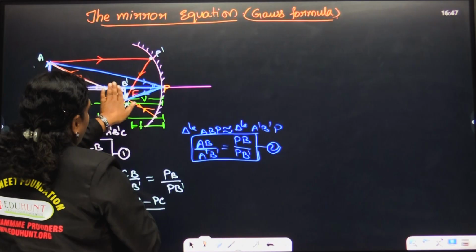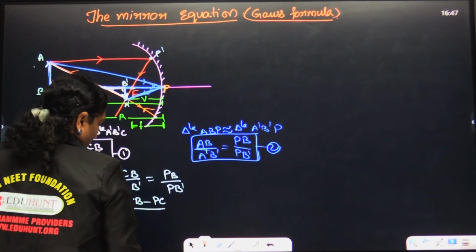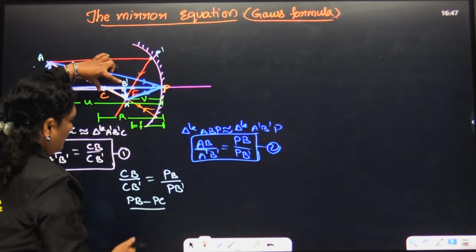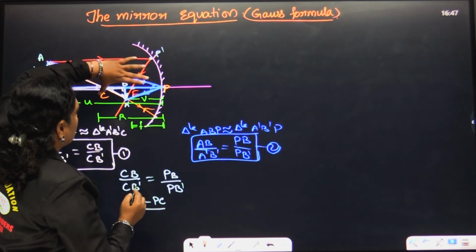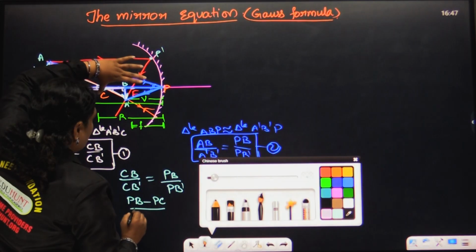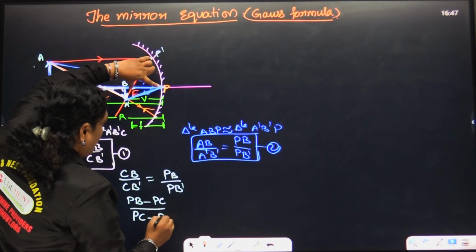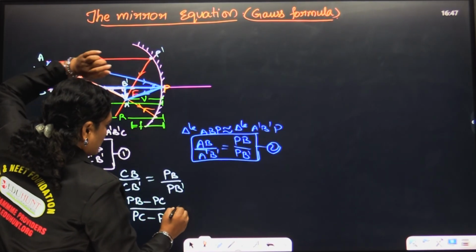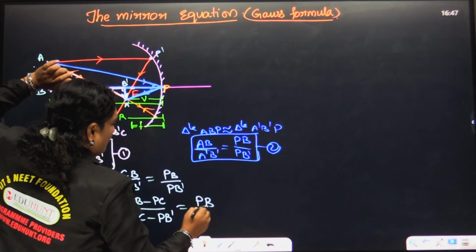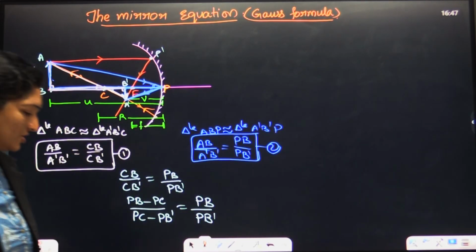CB dash can be written as PC minus PB dash. So, CB dash can be written as the total length, that is PC, minus this portion, that is PB dash, equals PB upon PB dash. I hope the equation is clear, children.